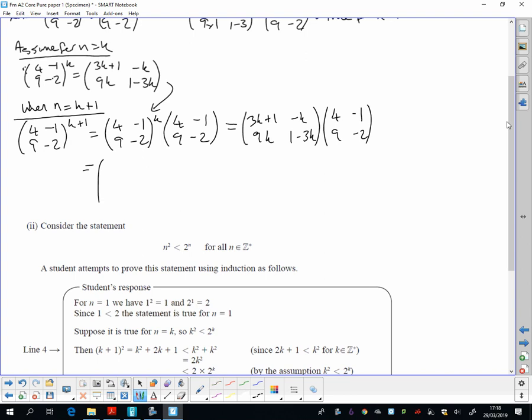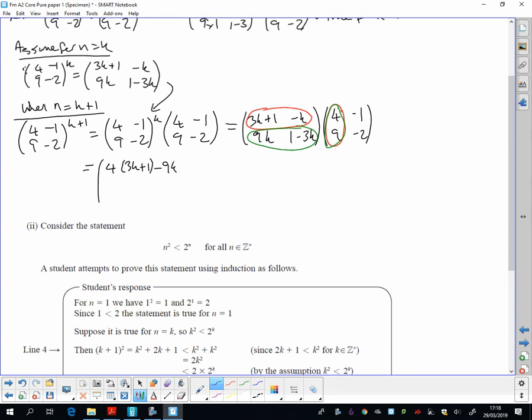So remembering our matrix multiplication goes first row, first column, second row times first column, in the second row, first column, etc. So this top one's going to be 4 times 3k plus 1 plus 9 times negative k.